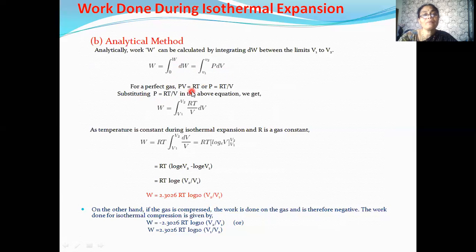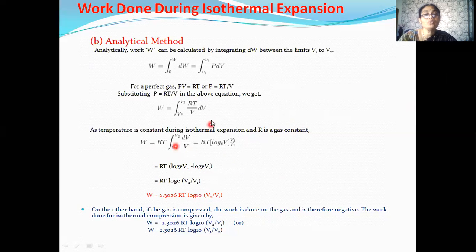We know that for a perfect gas, PV is equal to RT, the ideal gas equation, or P is equal to RT by V. Substituting the value of P in this equation, we can write W is equal to integral V1 to V2, instead of P, we can write RT by V dV. We know that the temperature is constant in an isothermal expansion process and R is the universal gas constant.